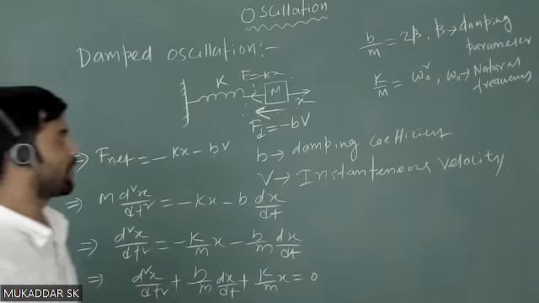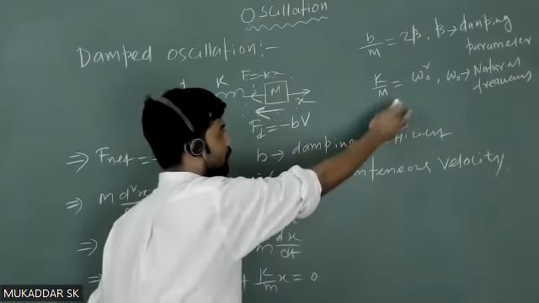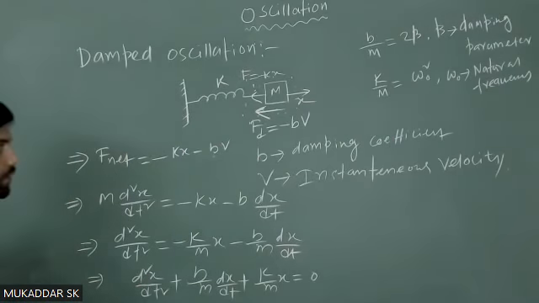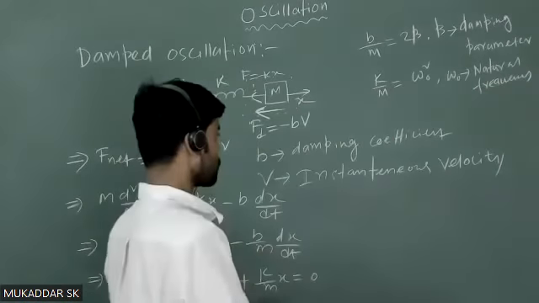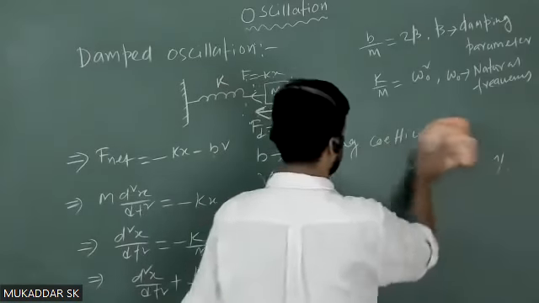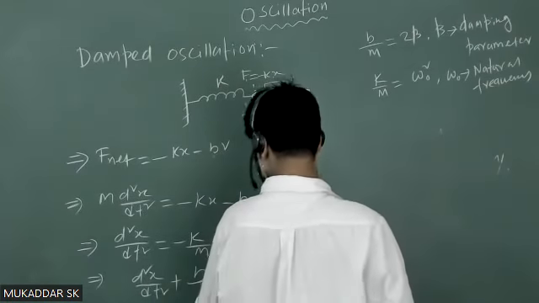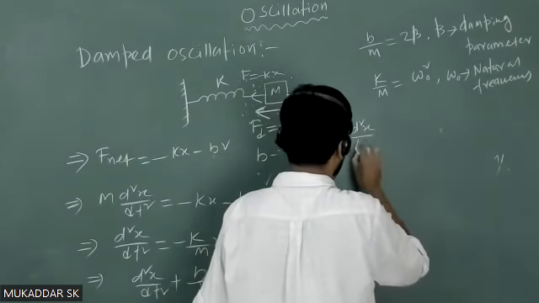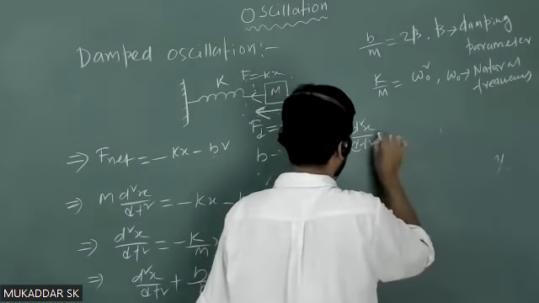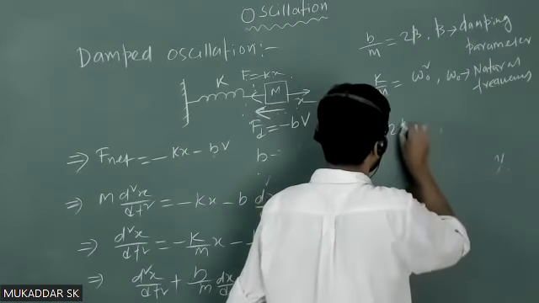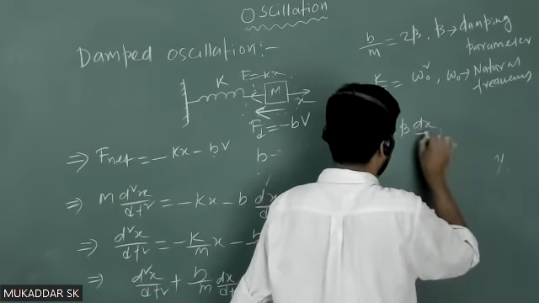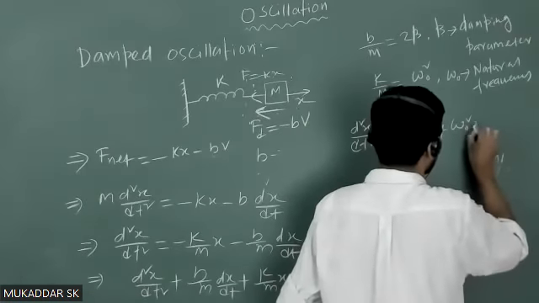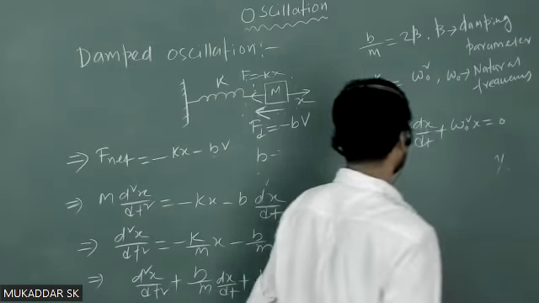So if you substitute b by m equals 2 beta and k by m equals omega naught square in your differential equation, it will become d square x by d t square plus twice beta dx by dt plus omega naught square x equals 0.